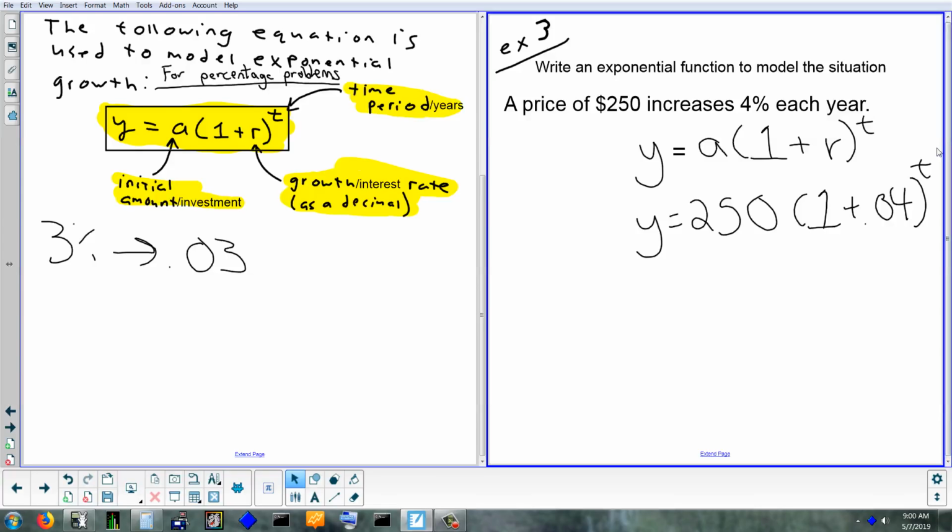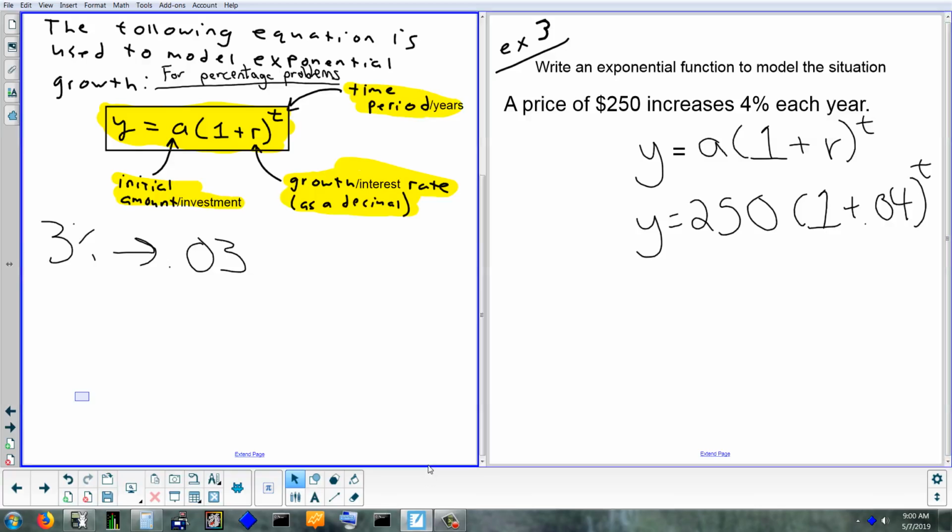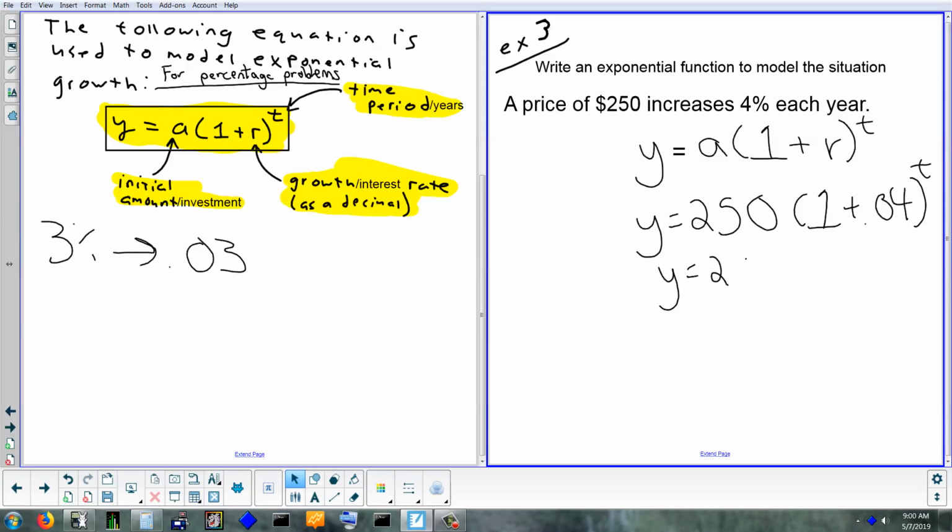There's a couple things there we could simplify. Oh, distributive property. Well, if there was a variable inside here, we would do the distributive property. But I can just combine what's inside the parentheses. So y equals 250 parentheses 1.04 to the t.